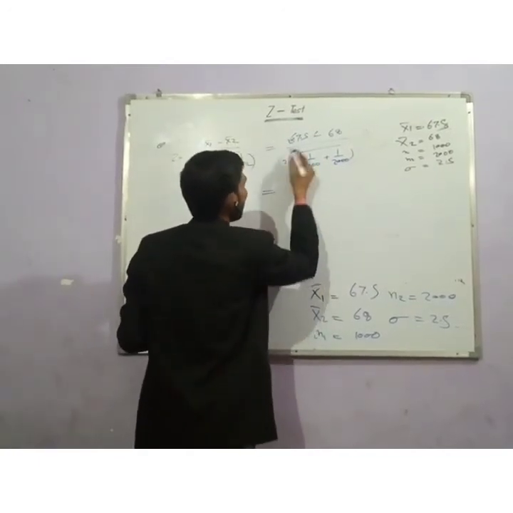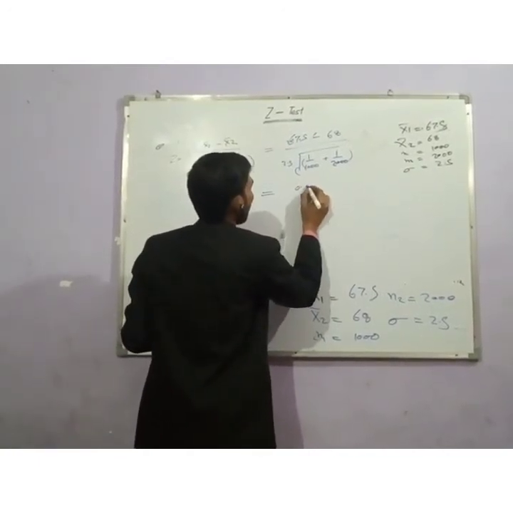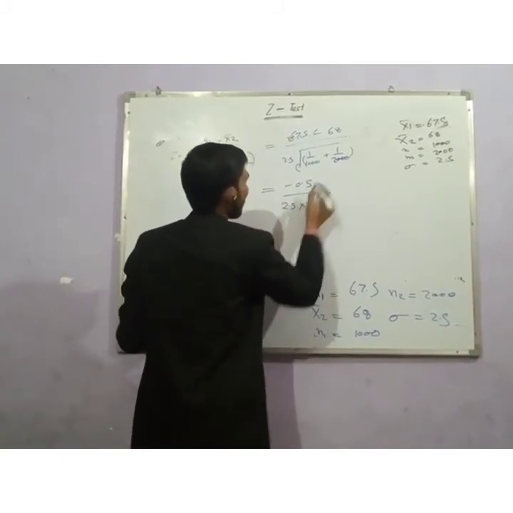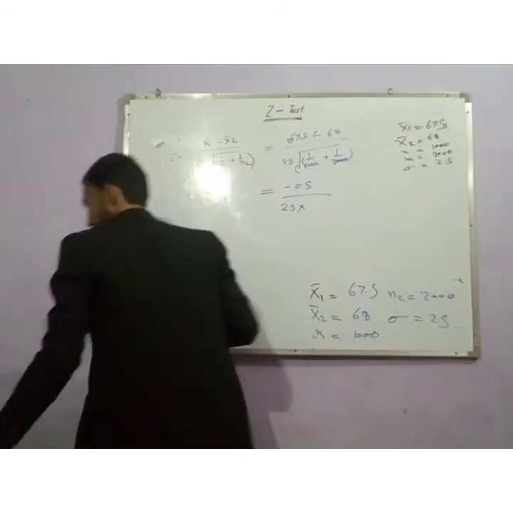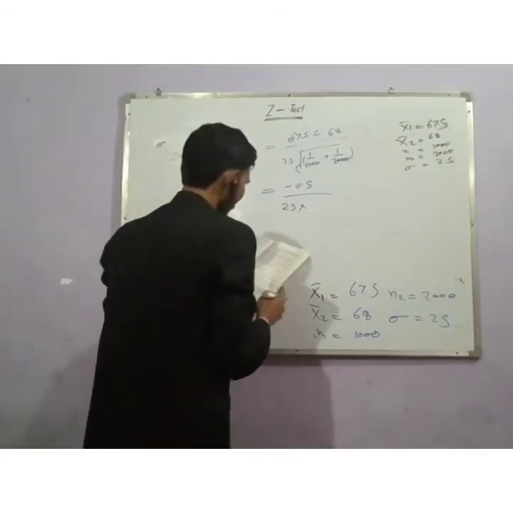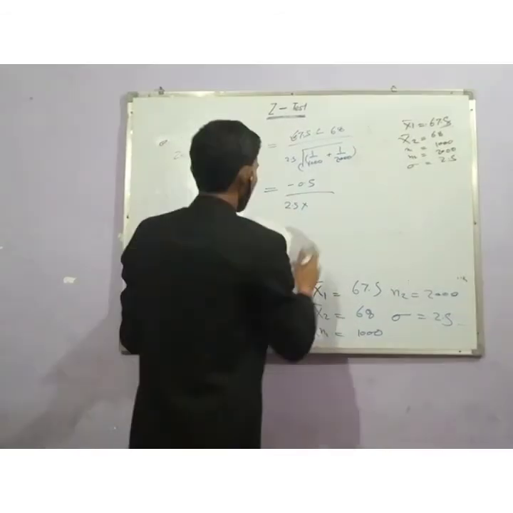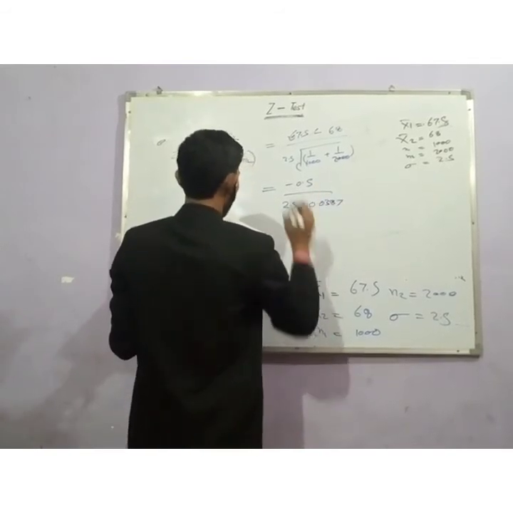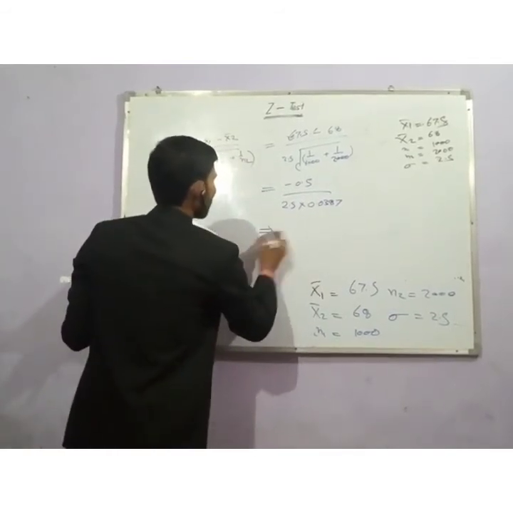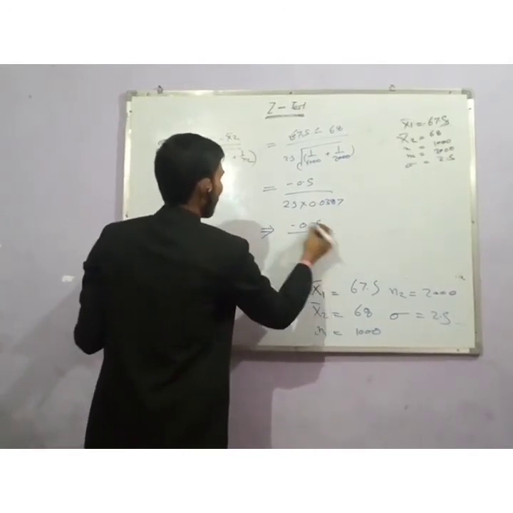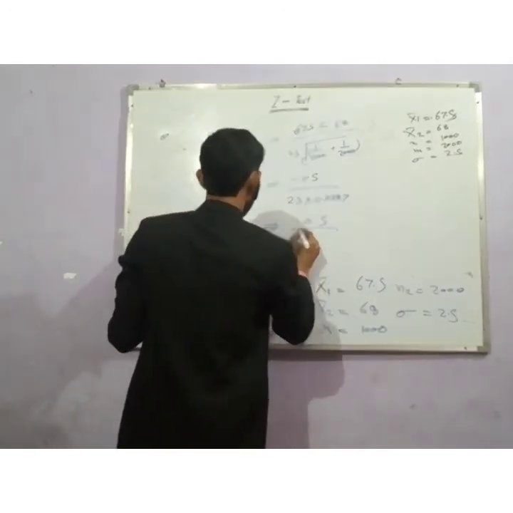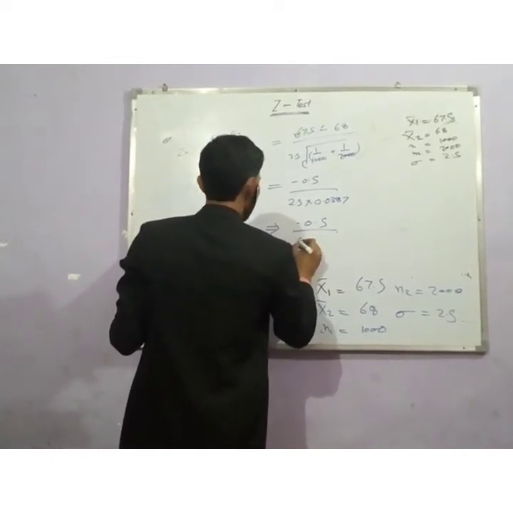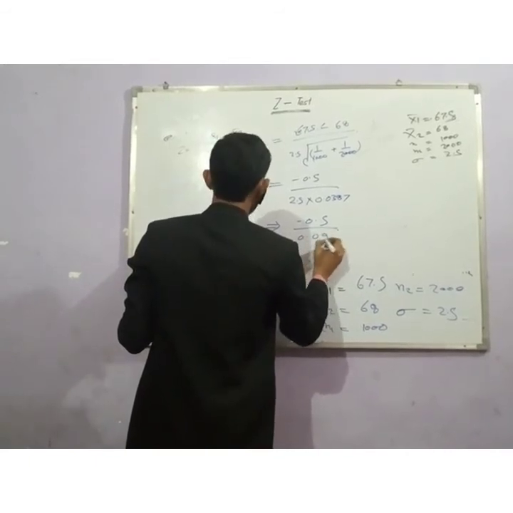Now minus 0.5 divided by 2.5 multiplied by, this is calculated, but we can directly write 0.0387, and next minus 0.5 divided by 2.5 multiplied with 0.0967.